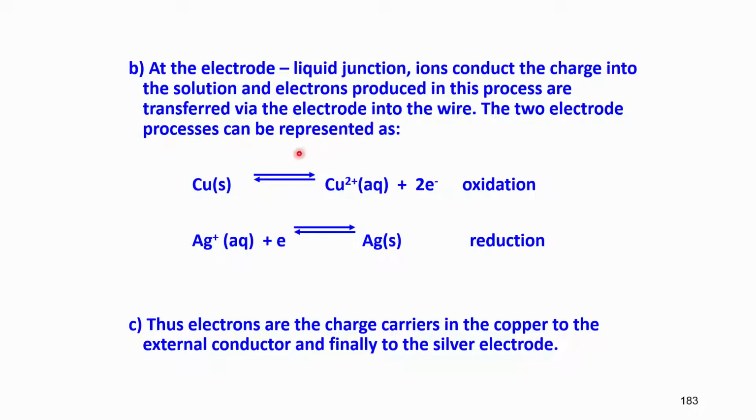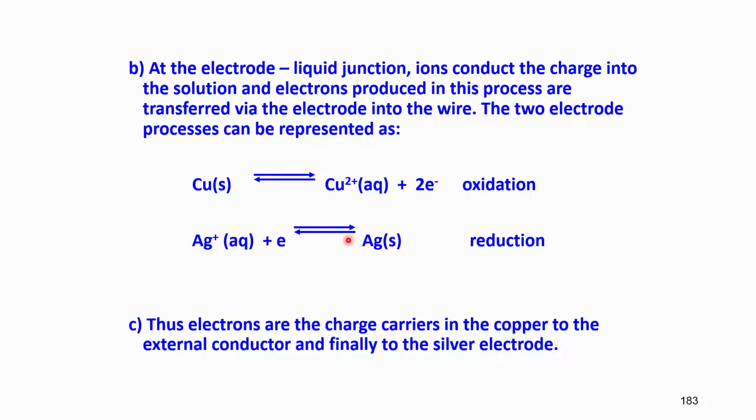So, there are two electrode processes. One is that electrons are released into the external wire from the cathode, and electrons enter the anode from the external wire in the other beaker.